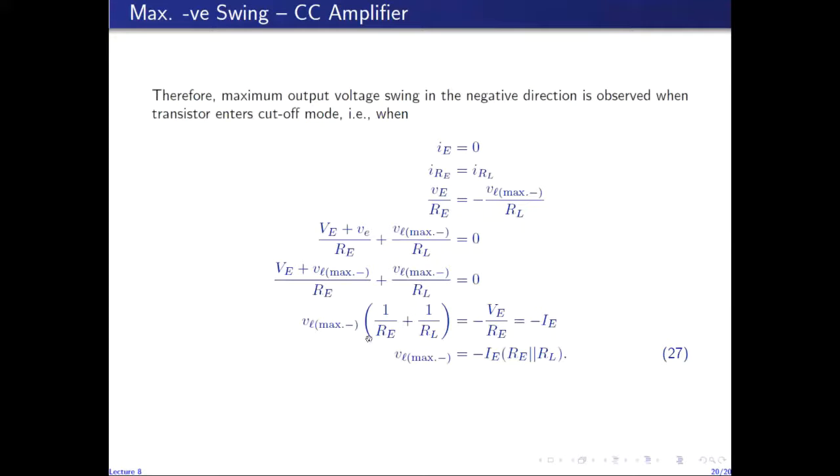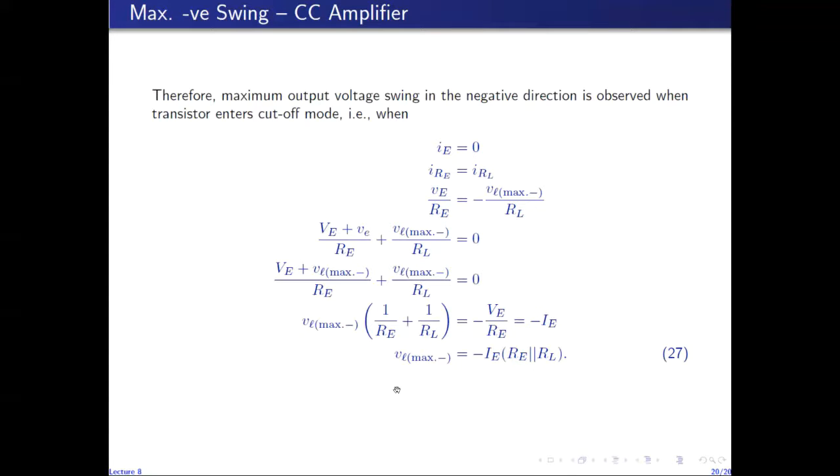I take this factor to the other side. Realizing that the inverse of this factor is actually the parallel combination of RE and RL, this is what I get as an expression for the maximum negative swing of the common collector amplifier. Unlike before, where we observed the maximum positive swing of the other configurations to be given by IC times RC in parallel with RL, this, because the output is taken from the emitter side, is given by IE and RE in parallel with RL.